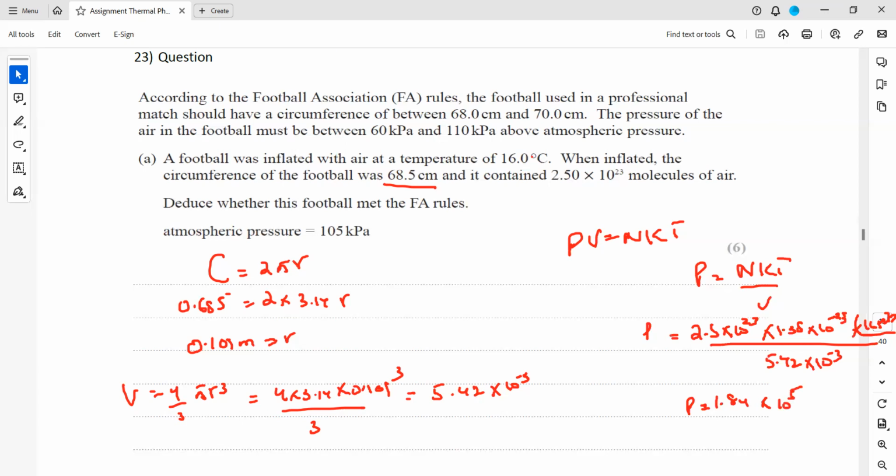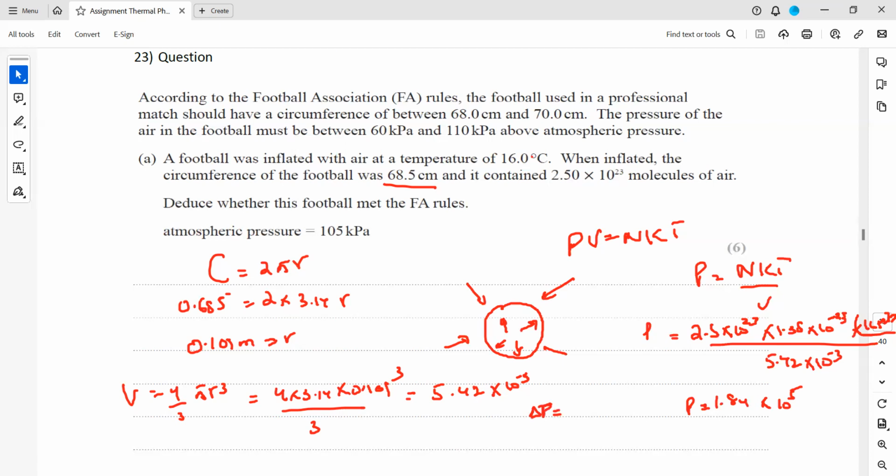Now we need the resultant. When we calculated the pressure from inside, it is 1.84, and the pressure from outside is 1.05. That is given in the question. So we want to determine the resultant pressure. So outward pressure minus inward pressure will give us the resultant pressure.